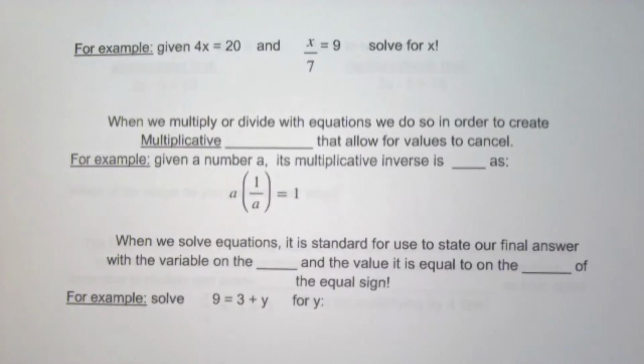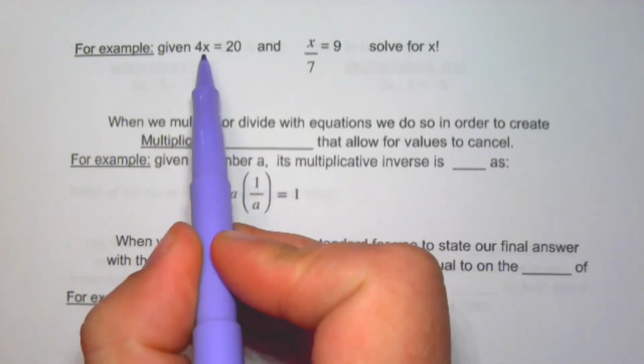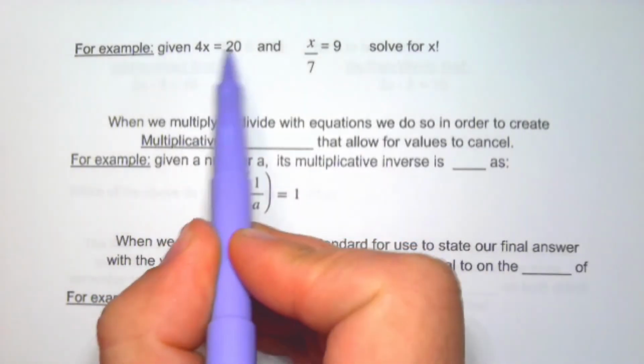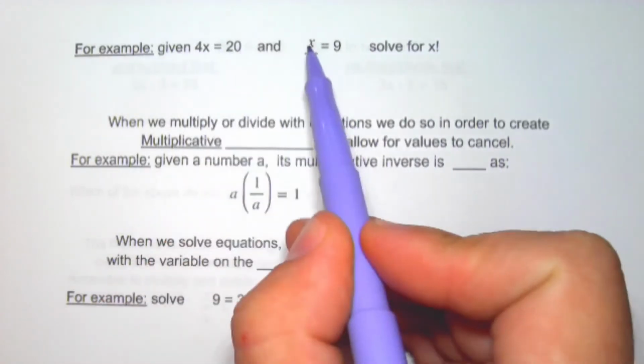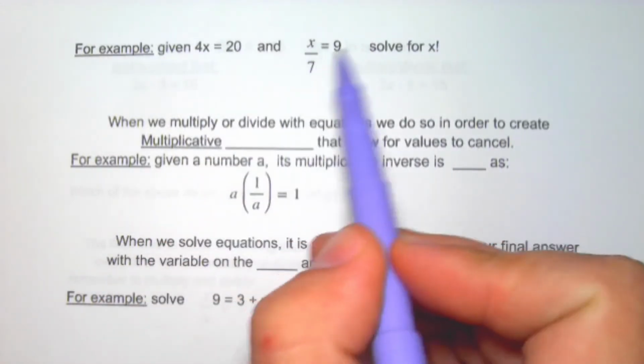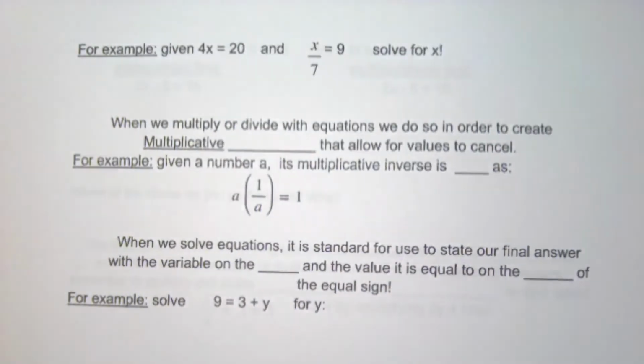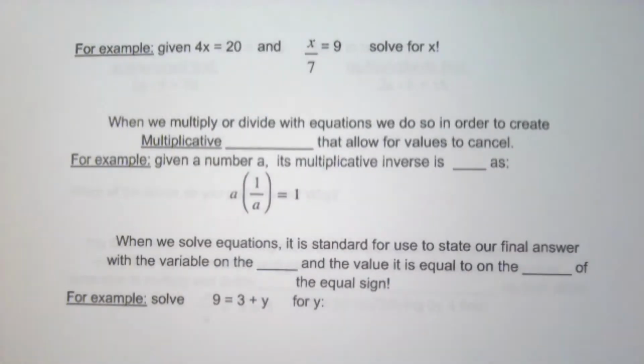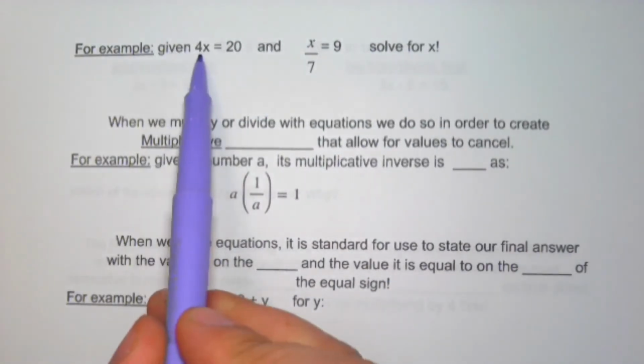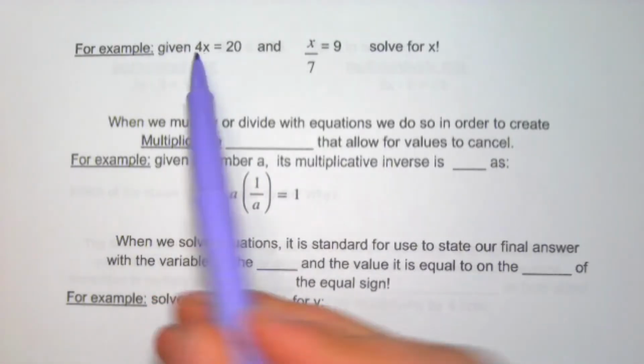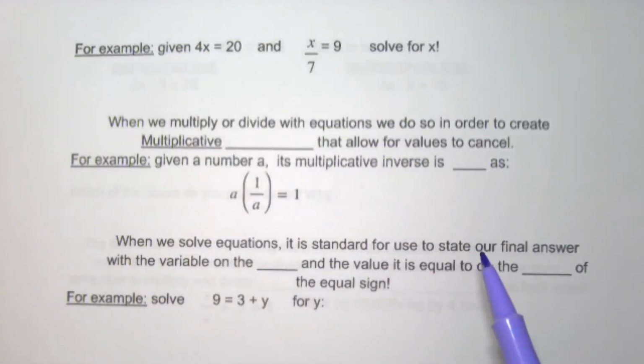As we pull onto that second page, we start off at the top with some examples of multiplication and division with solving equations. For the first, we have 4 times x equals 20, and then we have x divided by 7 is 9. Of course, we can do the guess and check method, which at times, something like this might be easy, but as we get going with equations, we're going to find that method doesn't really work.